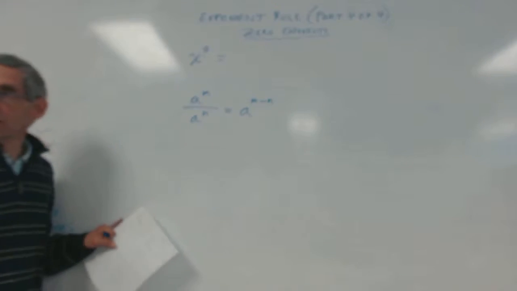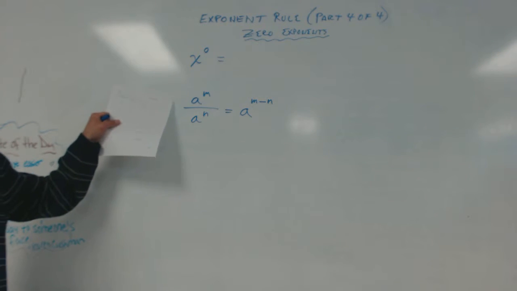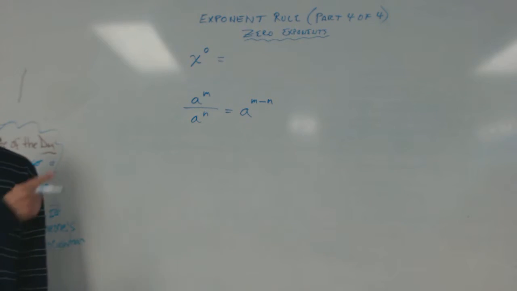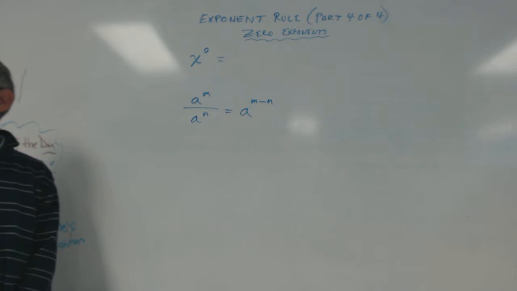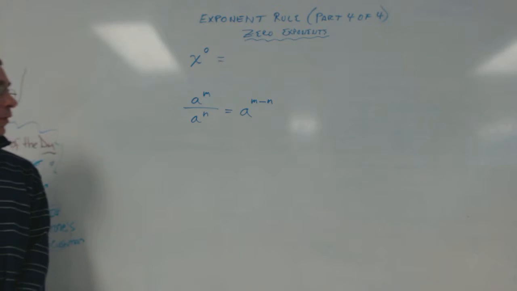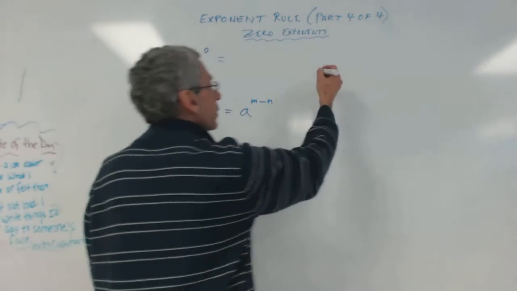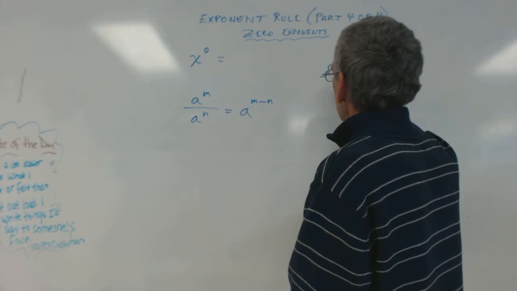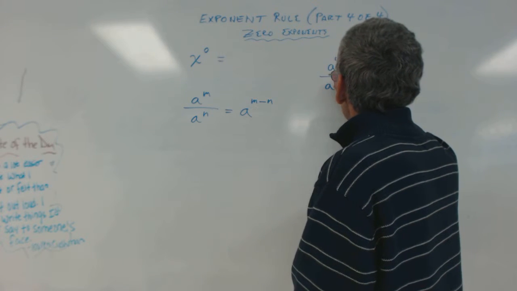Yes, right? All right, so think of a scenario that would give me a 0 exponent using that rule. If m and n are the same. Okay, so give me an example. A to the 4th over a to the 4th.